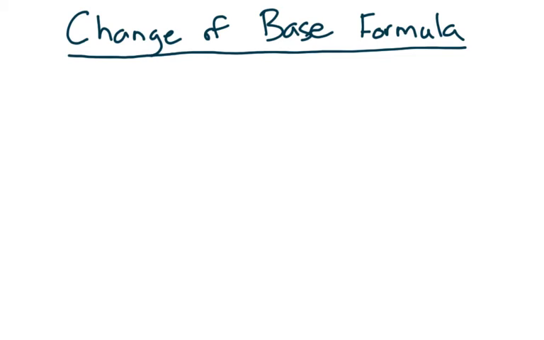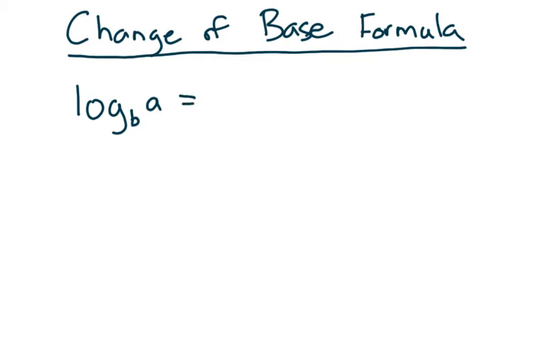What the change of base formula says is that when we have any logarithm, log base b of a, the change of base formula lets us rewrite this using any base.